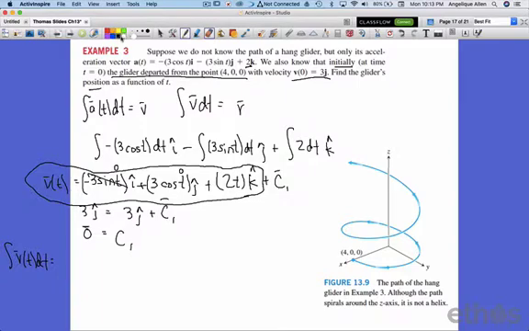So I'm going to do this in something you can see on top of the blue, I guess, here.